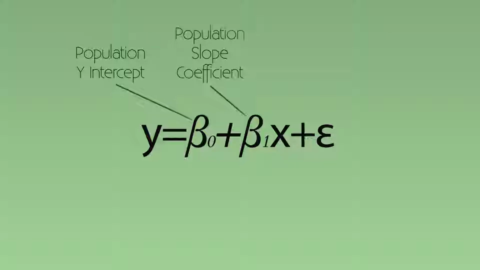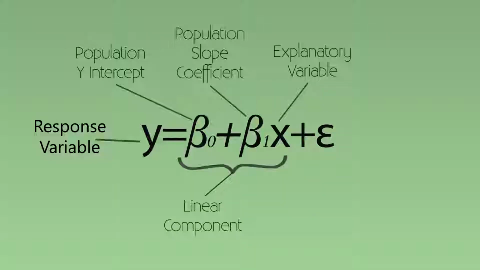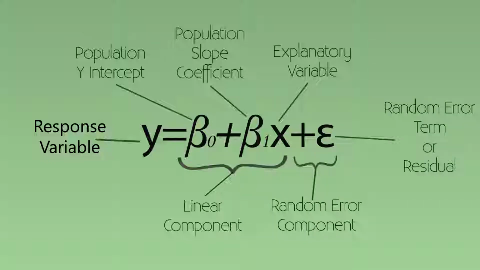These beta values are often called coefficients. Together, beta sub 0 and beta sub 1 times x make up what is called the linear component of our model. In addition, we will always have some error in our data, and so we must include that in our model as well.